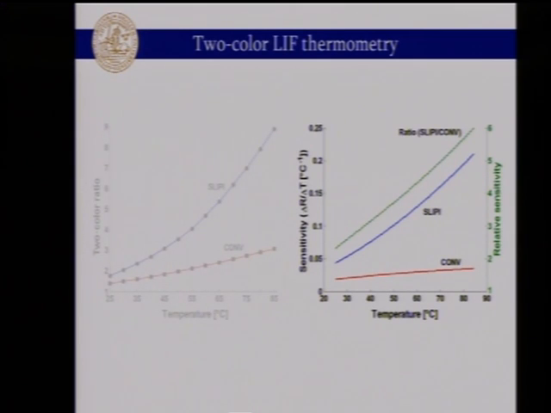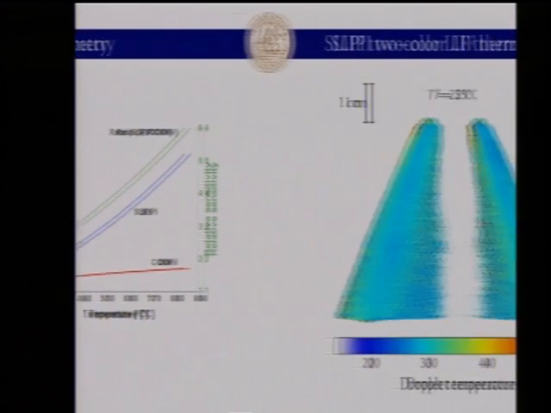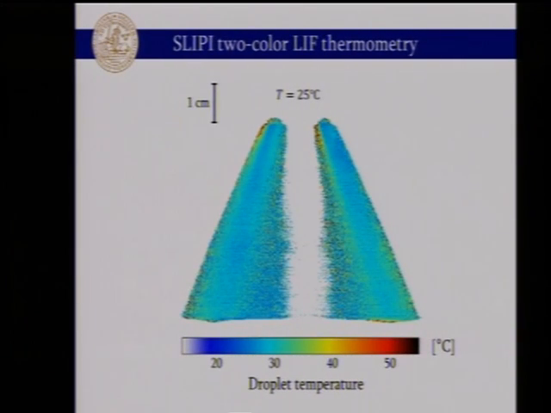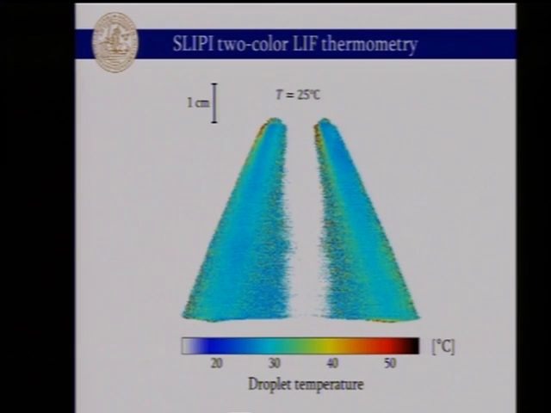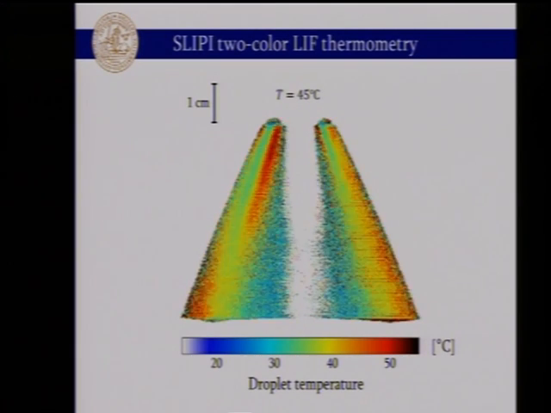If you look at the relative sensitivity, it shows that the SLIPI technique is between 2.5 to 6 times more sensitive. So then we applied it to the same spray, and we increased the temperature of the liquid, and we could observe the change in 2D in the spray.